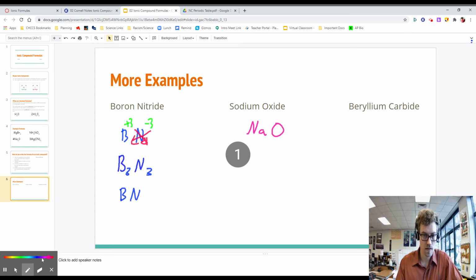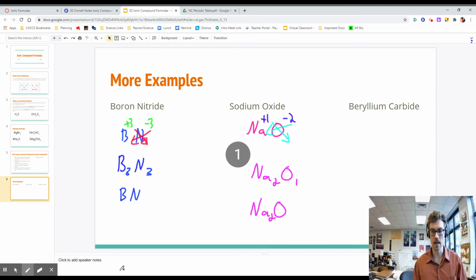So this is going to be +1, -2. We're going to cross this. And so that's going to become Na2O1. Remember, we dropped the ones, and so the final answer is Na2O, and that is sodium oxide.